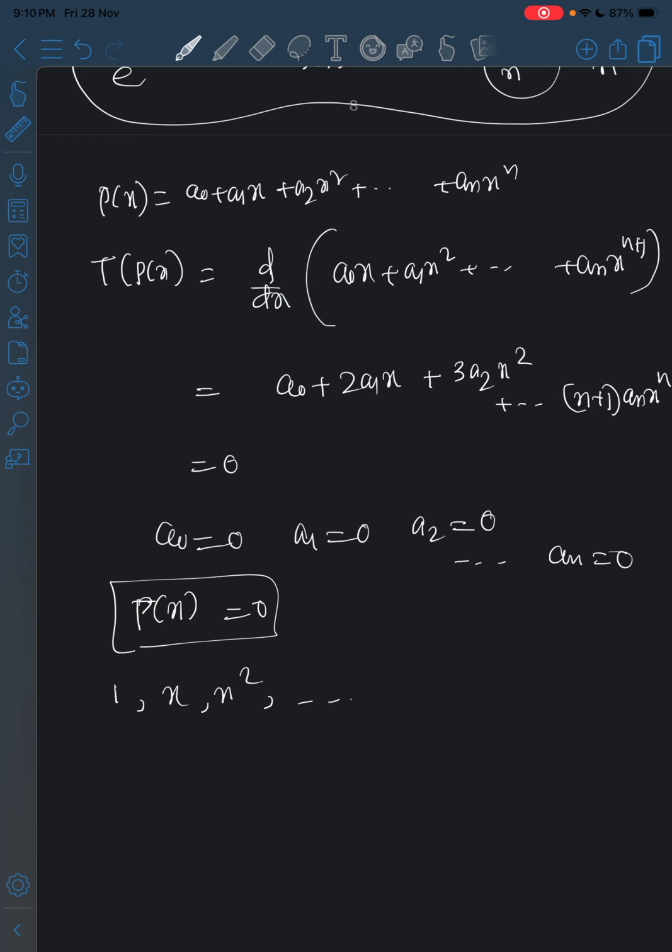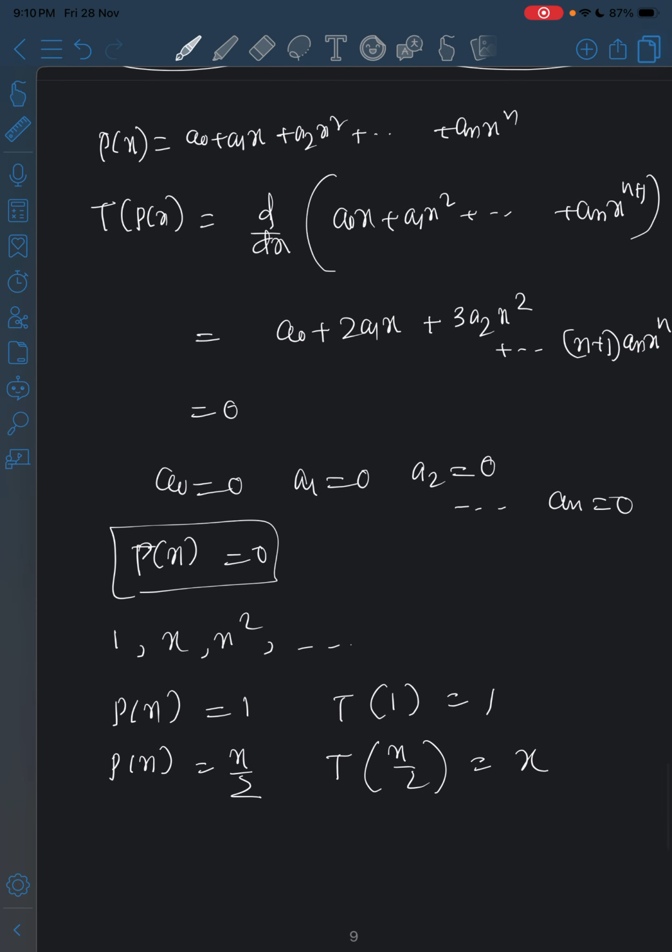So for surjectivity, if you need 1, then if you take p(x) equal to 1, then T of 1 equals 1. If you take p(x) equal to x by 2, then T of x by 2 equals x. Then T of x square by 3 is actually x square, and so on.